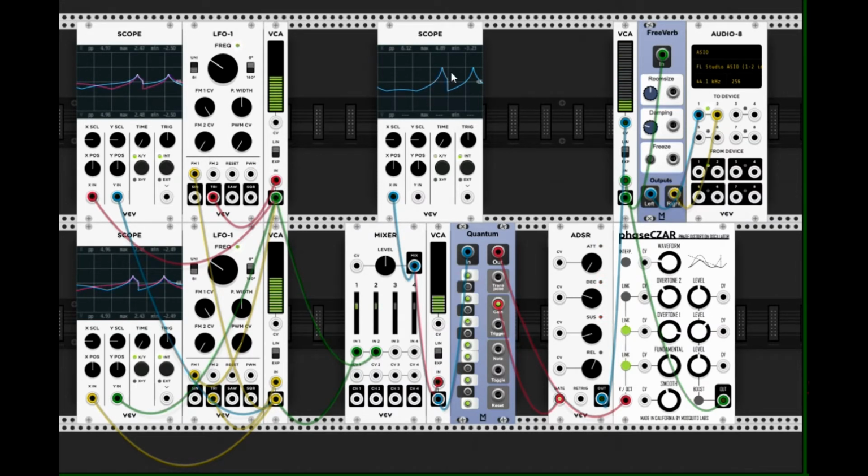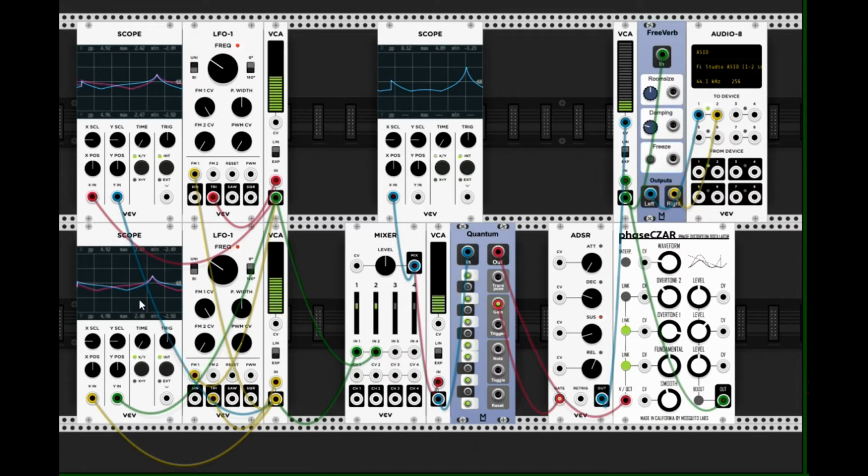Alright, so here we have the overall output of the mixer, of the sum of both LFO signals. And here we have the two signals at the outputs of LFO1 and LFO2.